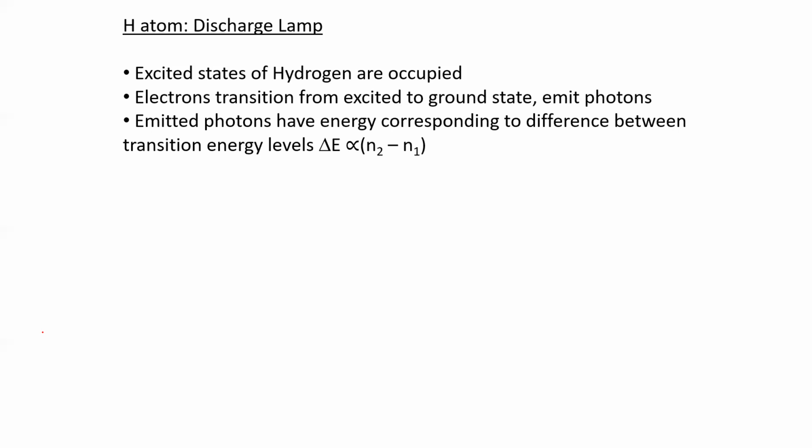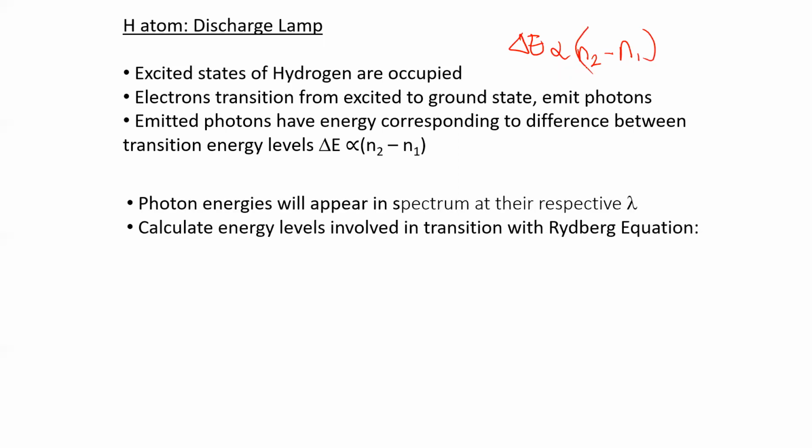So you can think of the delta change in energy as proportional to the difference between the final energy state and the initial energy state. So photons' energy will appear in a spectrum based on their wavelengths, and we can actually calculate these energy levels with something referred to as the Rydberg equation.